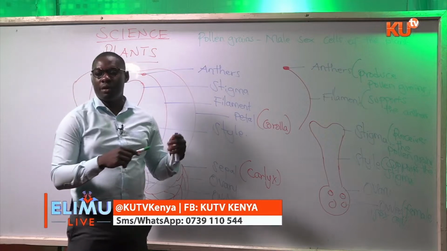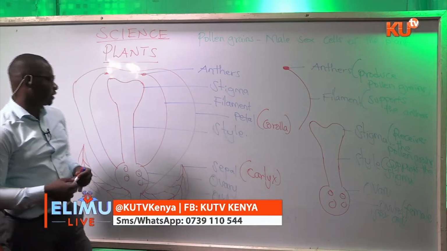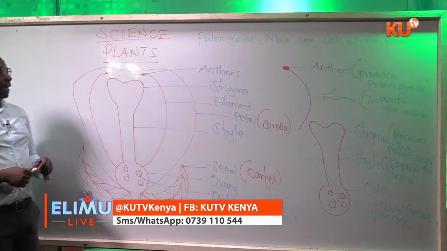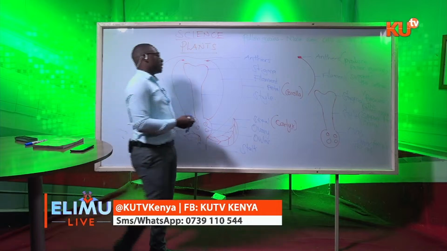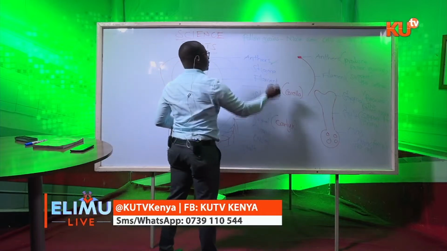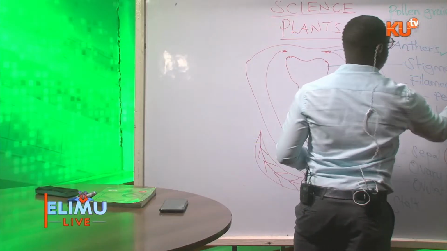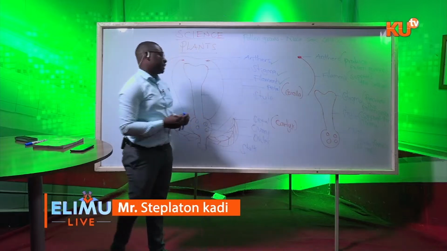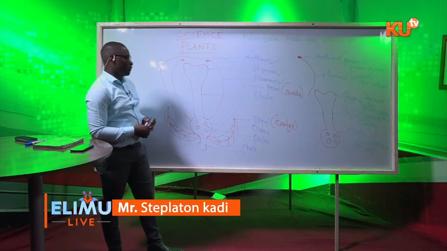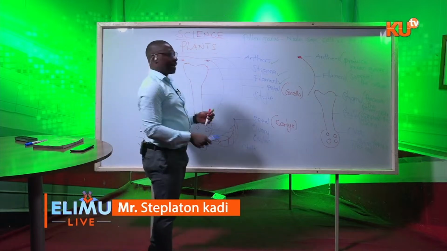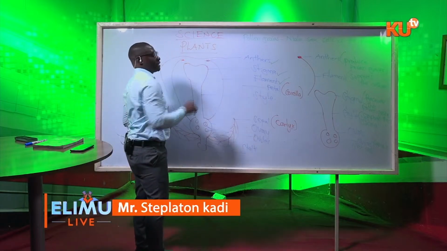So we can also look at the functions of the other parts of the flower. We have talked about anthers already. We have talked about the stigma. So let's look at the petals. What is the function of the petal? The petals are the ones that are found outside.